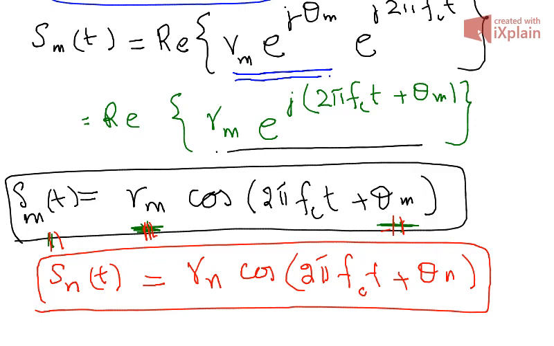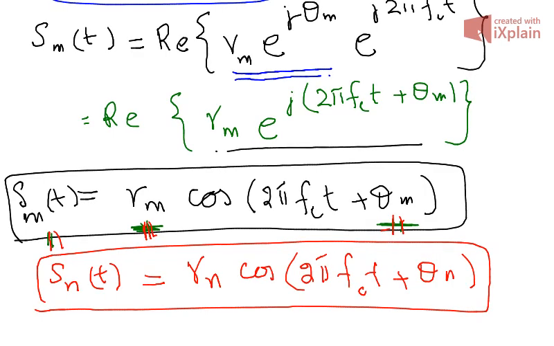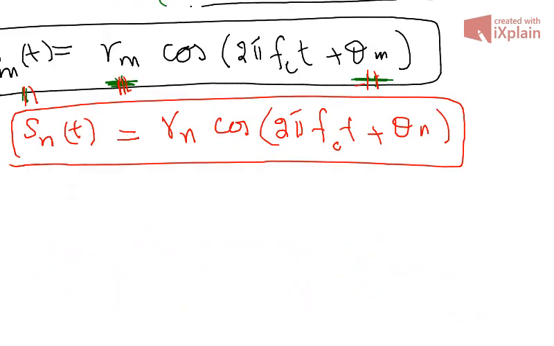So this representation shows us the property that our QAM, quadrature amplitude modulated signal, is a combination of the amplitude modulation and the phase modulation.